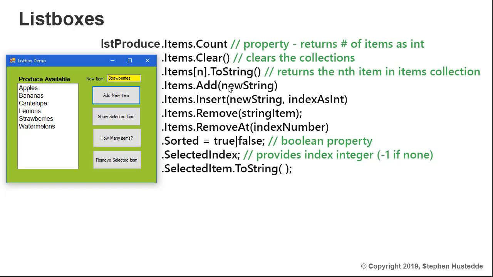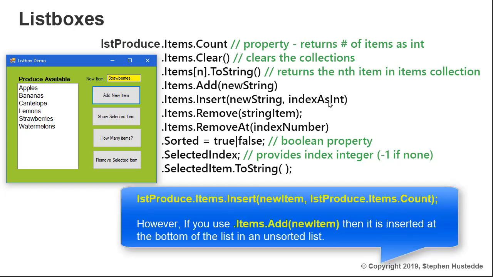Just like the add statement, I'd provide the new string of what I want to add in, and then a comma, and then the index number. So if I wanted it to be the very first item, it would be the item I want to add, comma, 0. If I wanted it to be the very last item, it could be the item, comma, and then I could get here lstProduce.Items.Count, and that would put the item in the last item in my list, regardless of how long that list was.